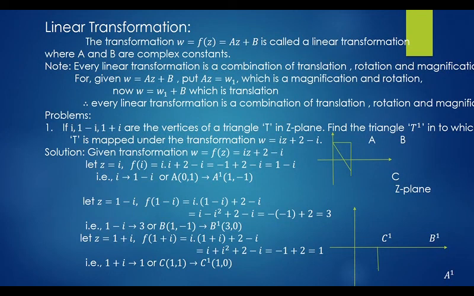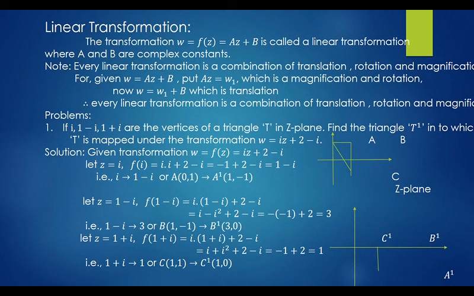Substitute z for the given vertices. Put z equals i, you get f of i, which simplifies to 1 minus i. What is i? i means 0 comma 1. It is a point in the Z plane, A of 0 comma 1, one of the vertices.